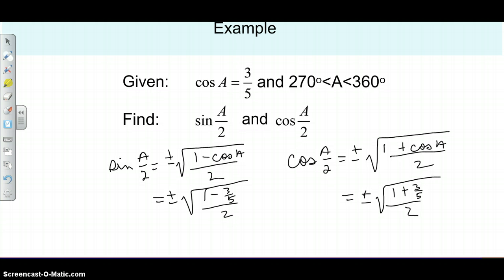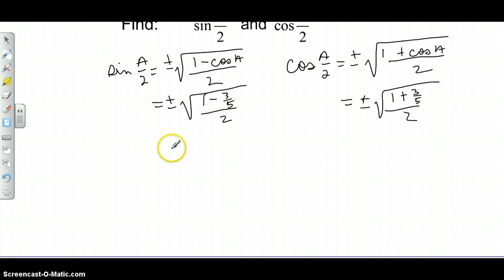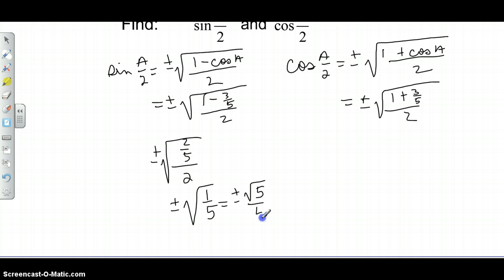Now, we need to simplify this further. And 1 minus 3/5 is 2/5. And again, that's all over 2, plus or minus. And then we will divide and get plus or minus the square root of 1/5, which then is plus or minus root 5 over 5.